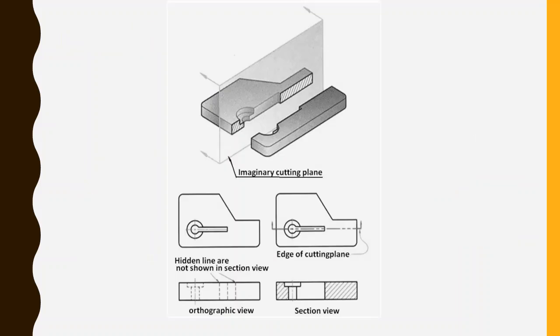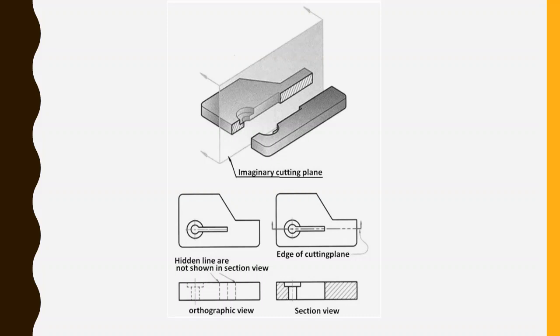And then this is an example that I am showing you. Here this is one type of mechanical component, comprising a keyhole-like structure. In this keyhole-like structure you are introducing an imaginary cutting plane where exactly the object is detailed.